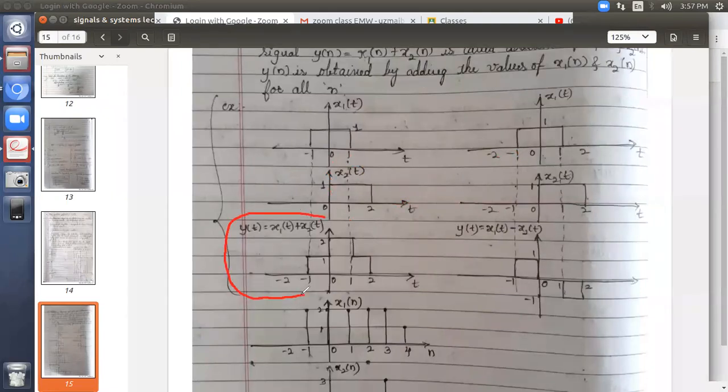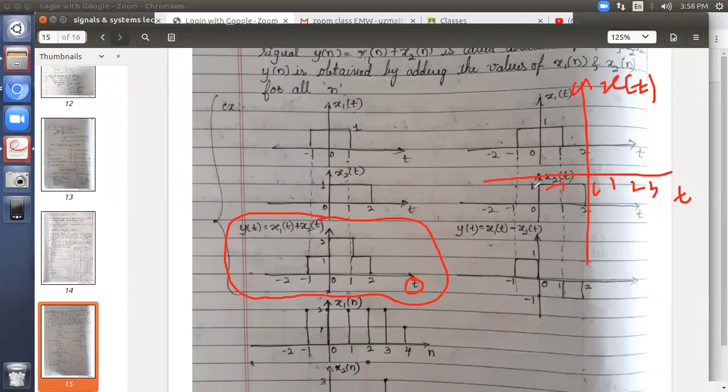Observe here, this is your final solution for addition. Horizontal axis represents the time. So whenever you are asked to do any signal drawing, always do this: horizontal is time, and vertical is the signal. This much you remember in general. Then mark the points 0, 1, 2, 3 like that, -1, -2.